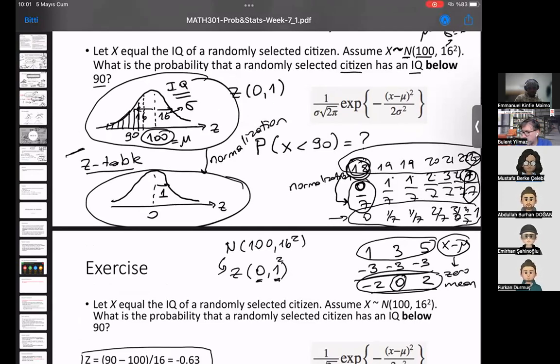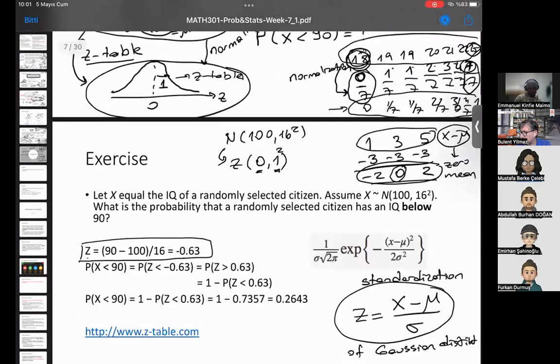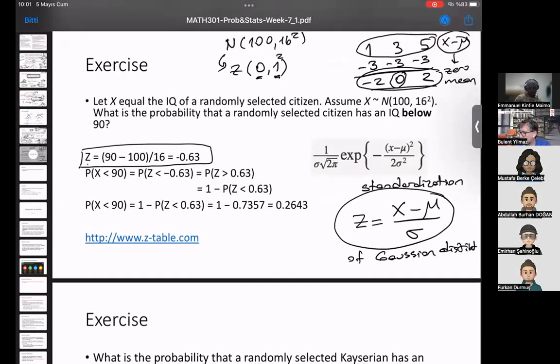If you have such a distribution for the IQ, then you can go from here to here and use the Z table to find out the probabilities, okay? That's what we have done here. You have 90 as your IQ, 90 and below, and your mean is 100. You take 90 minus 100. This was your formulation.